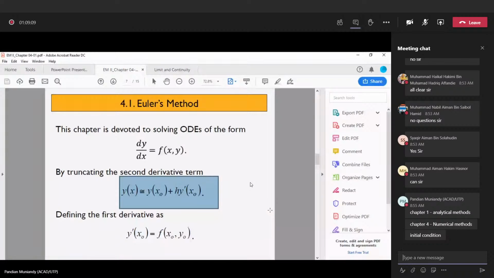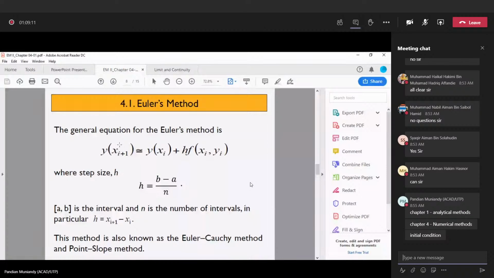So now the general equation to solve this ODE is this one. So you must know the subscript. We want to explain to you. This Euler method is one step. y(x_{i+1}) equals y(x_i) plus h f(x_i, y_i). Many of you will be wondering why the subscript is missing when you solve the problem. It is not missing, but we forget to write.